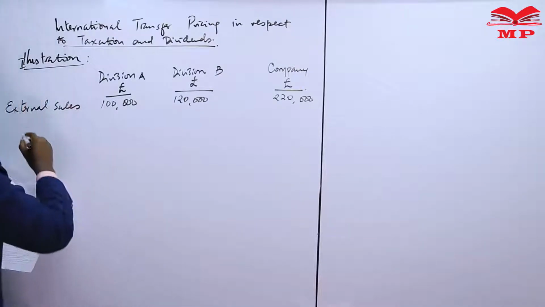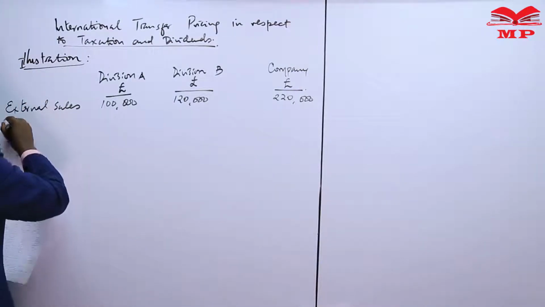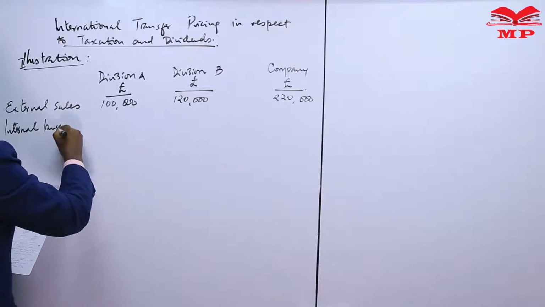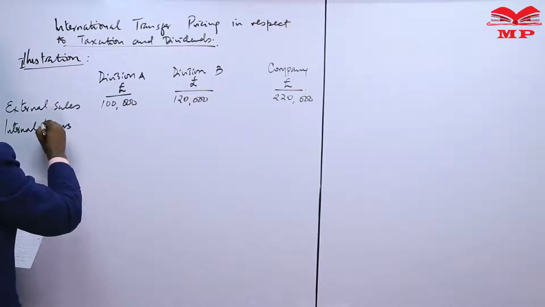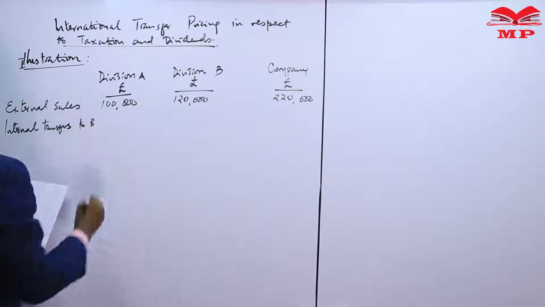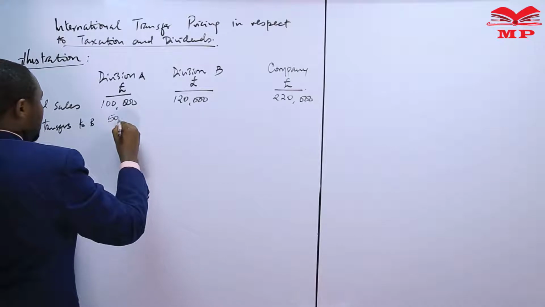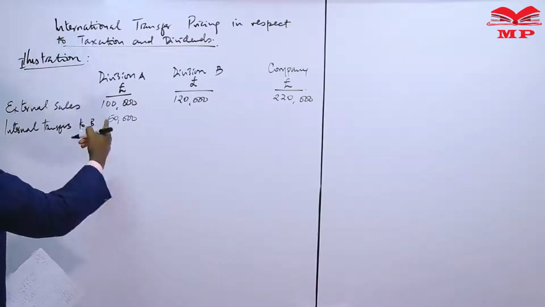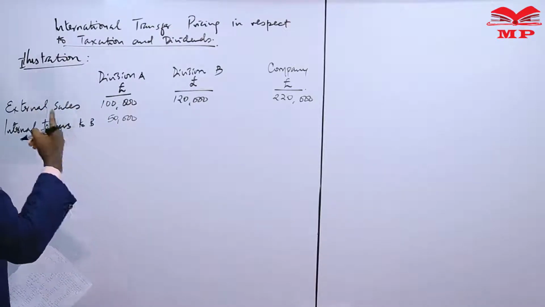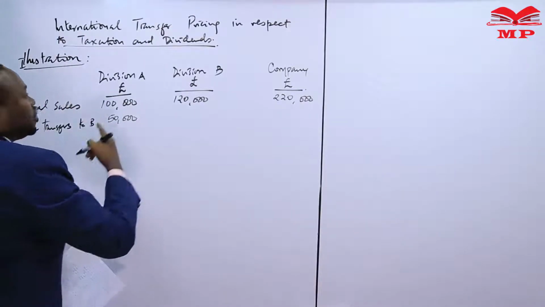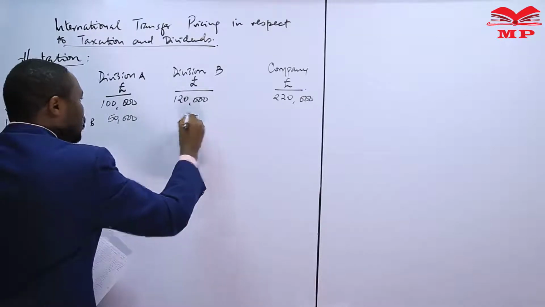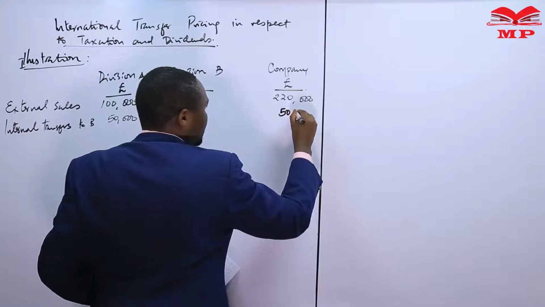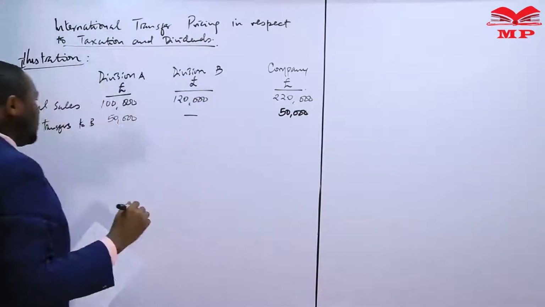We have internal sales transfers to B, so 50,000. Division A is the one that is producing. Division A is also the one that is selling to Division B, so B does not sell. So the total transfer will be a receipt of 50,000 for the whole group.